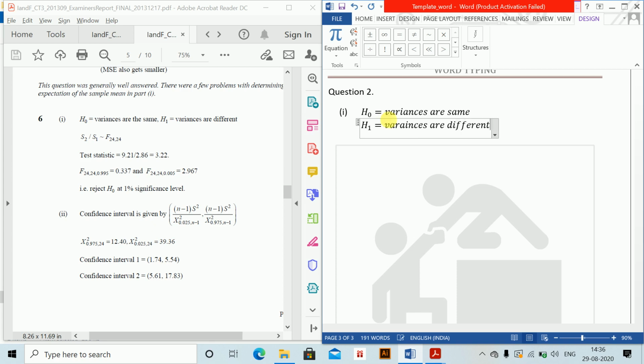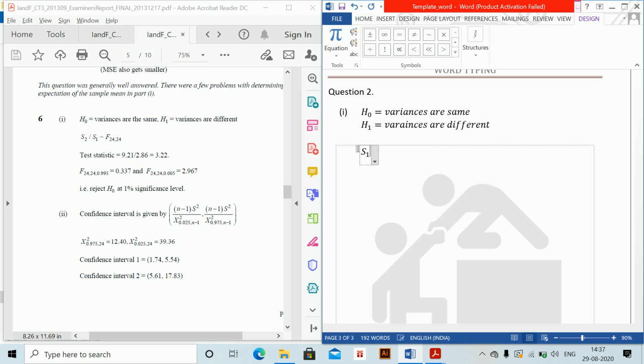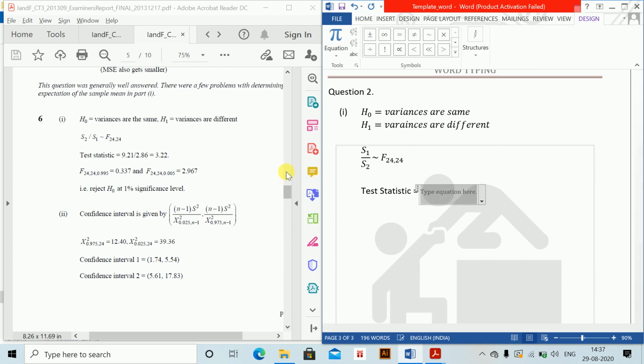You can just write sigma 1 squared is equal to and so on. So S1 squared divided by S2 squared follows F_24,24. So both of these are 24. Therefore the test statistic is equal to 9.21 divided by 2.86, which is equal to 3.22.